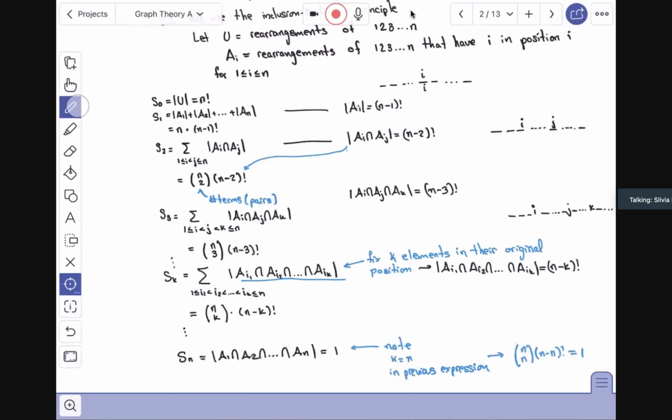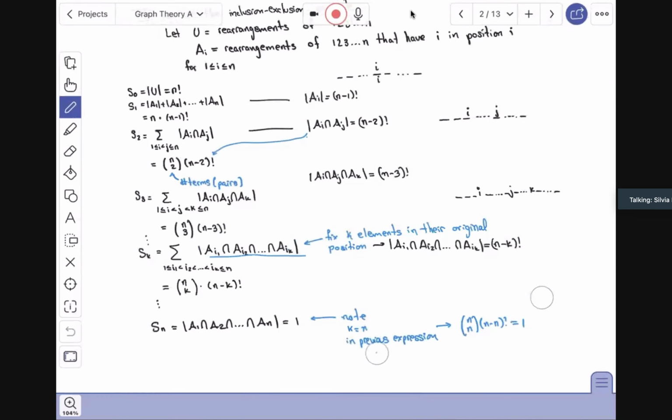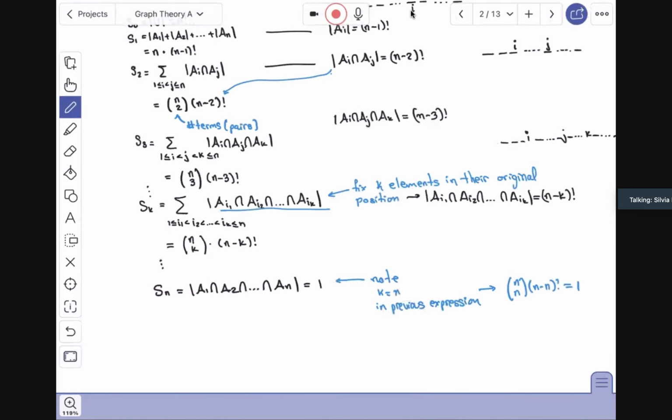Okay, and then the inclusion-exclusion principle says to just add all of this with alternating signs, right? So we can say then, by the inclusion-exclusion principle, the number of derangements is equal to S0 minus S1 plus S2 minus S3, dot, dot, dot.